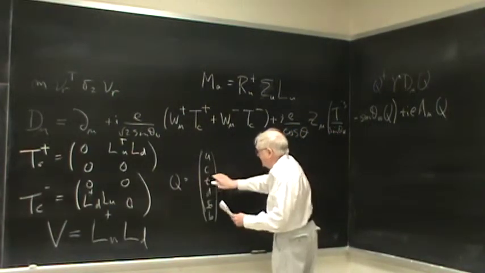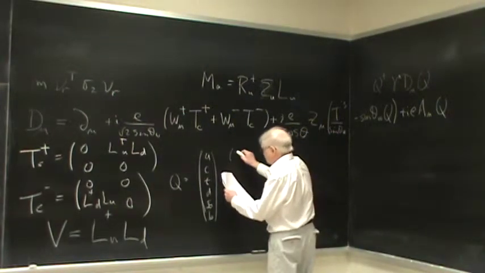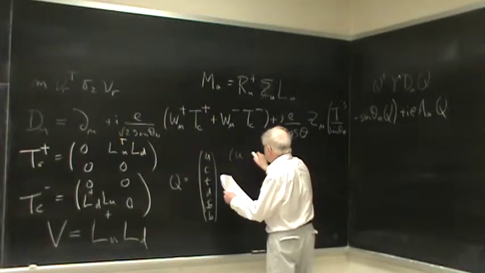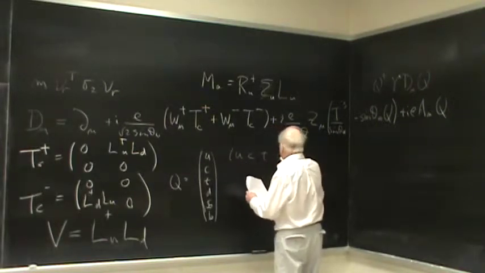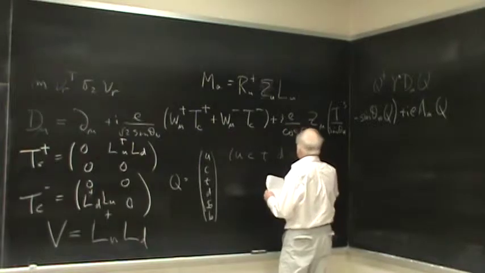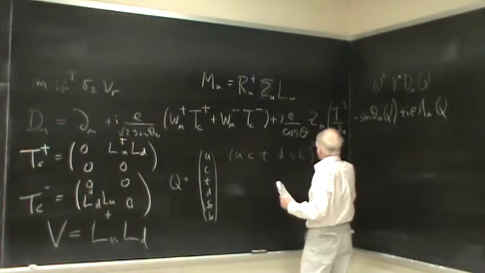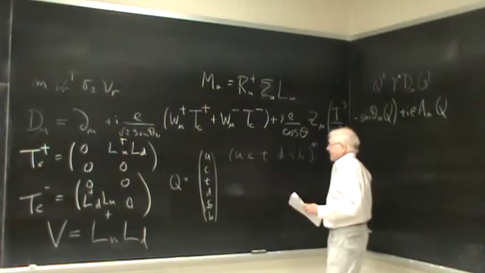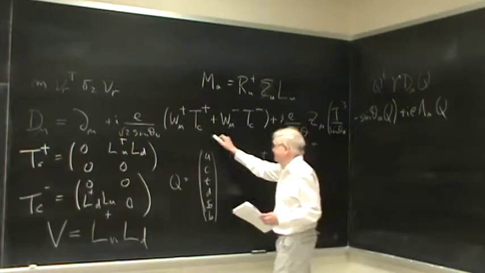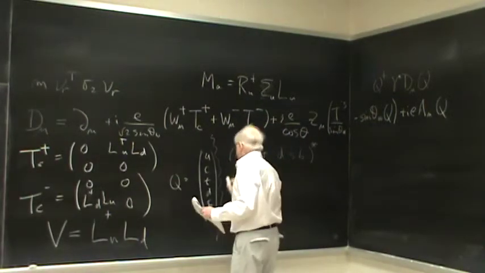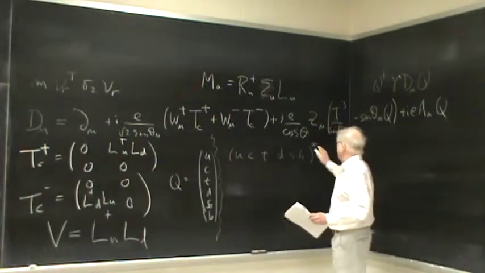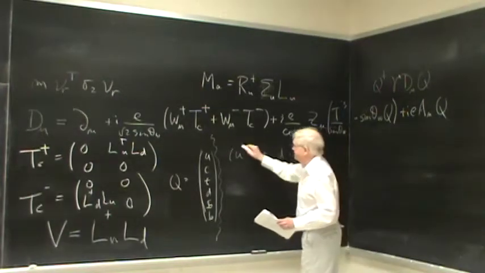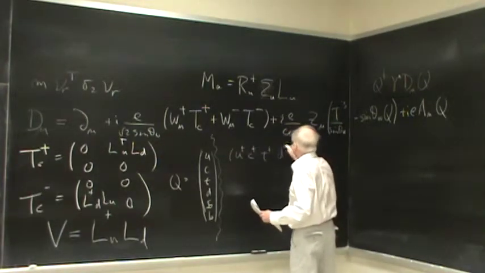So I'm going to put that on its side. So we're going to have U, C, T, D, S, B. Let's just make clear that this is a new page here. Each of these fields is daggered.